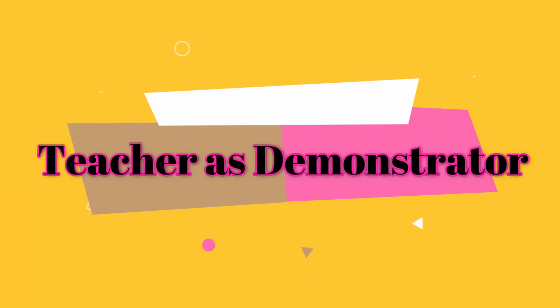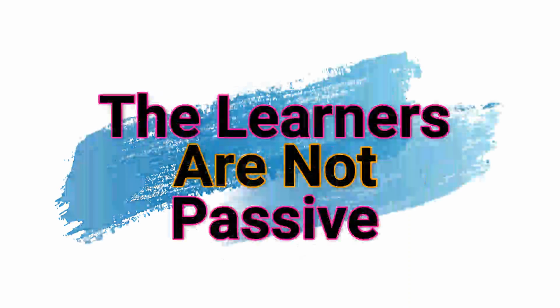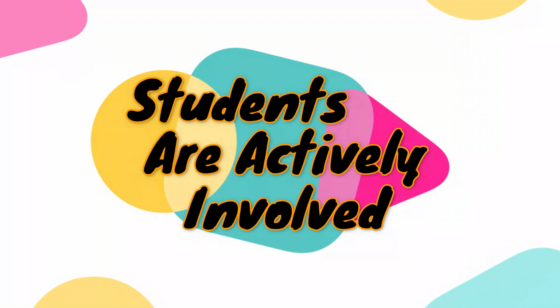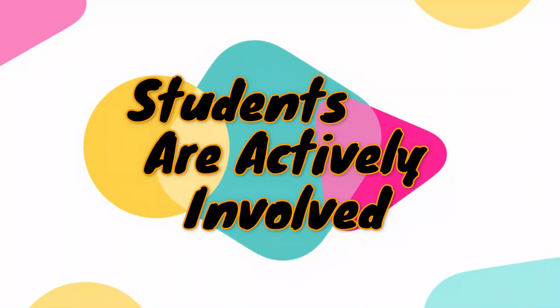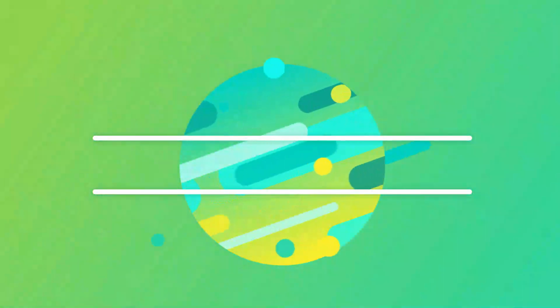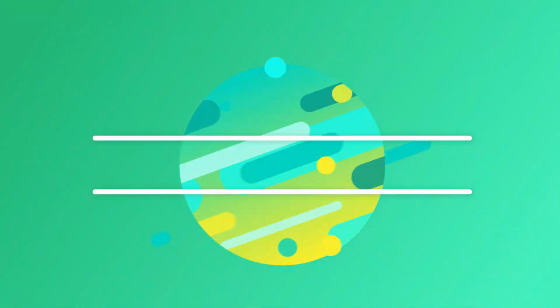So vocabulary is taught through pictures and objects and models and through associations with different things. Okay? The learners are not passive. They are actively involved in the classroom interactions.